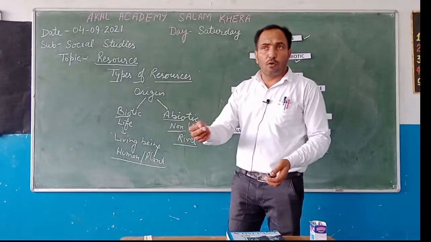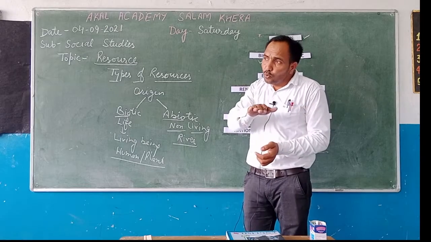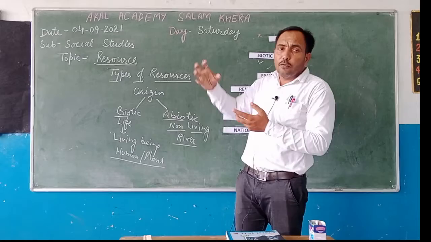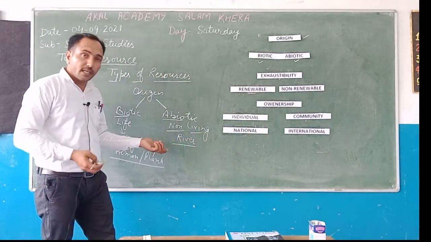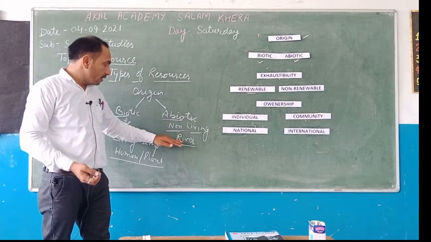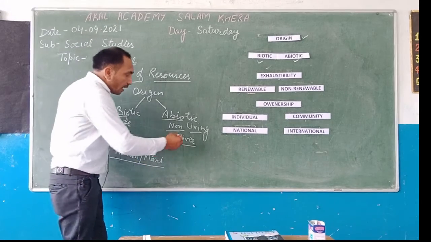River water flows from up to down on the slope. It does not move from down to up. If it moves down to up, we have to use force. So they do not move themselves. They do not breathe. They do not move. That's why we can say these are abiotic.